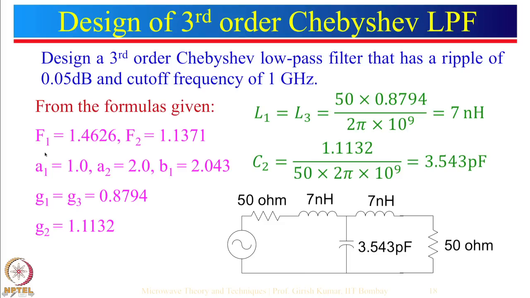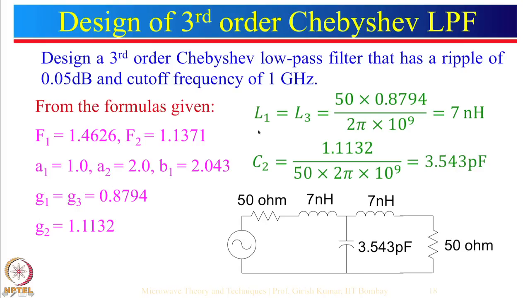First we calculate F1, then F2, then A1, A2, B1, then G1, G3, which are equal, and G2. Once you find these G parameters, we can use frequency and impedance scaling.